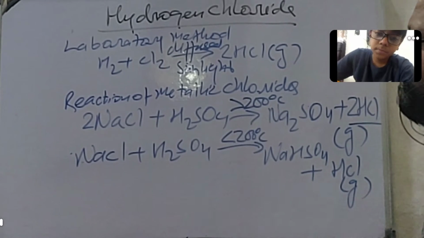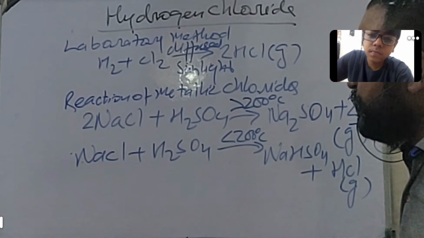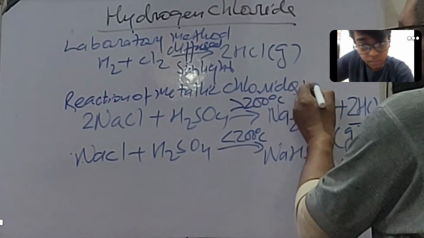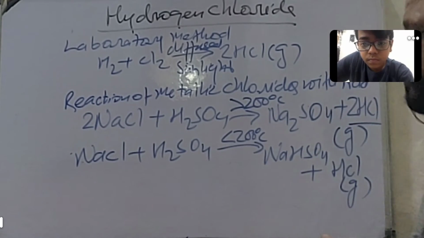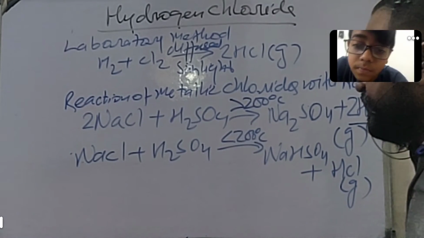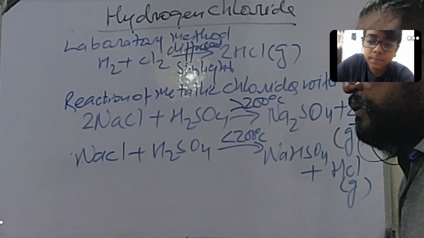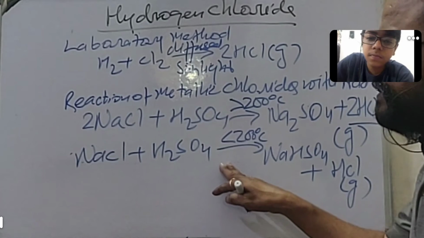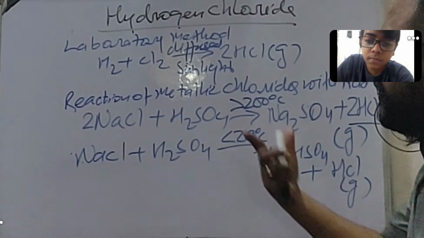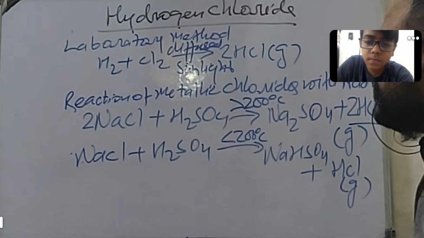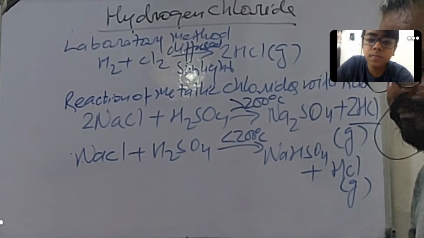So in the reaction of metallic chlorides with acid, when it is reacting with sodium chloride, there are two probabilities. If the temperature is less than 200 degrees Celsius, we get sodium bisulfate plus HCl gas. And when temperature is more than 200 degrees Celsius, we get sodium sulfate plus 2HCl gas, right?